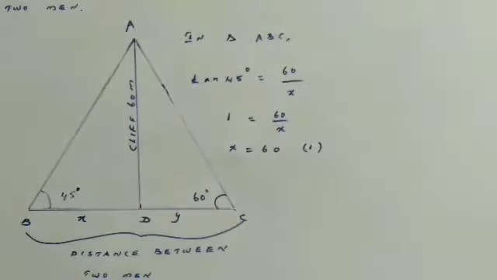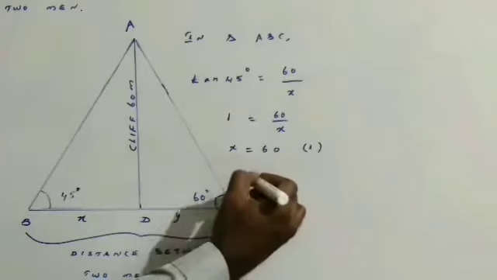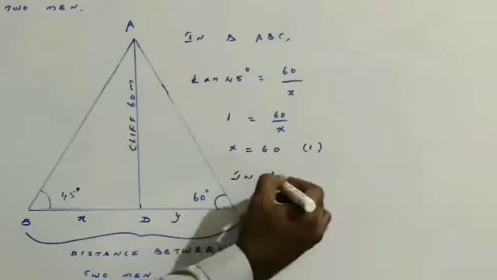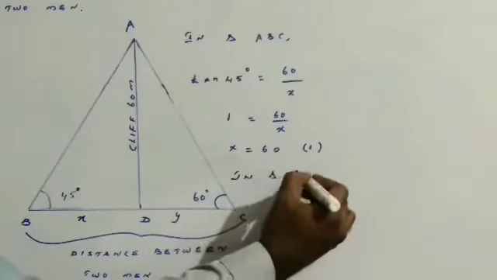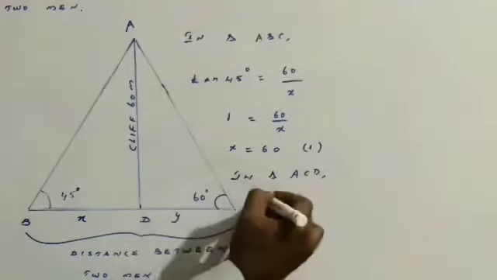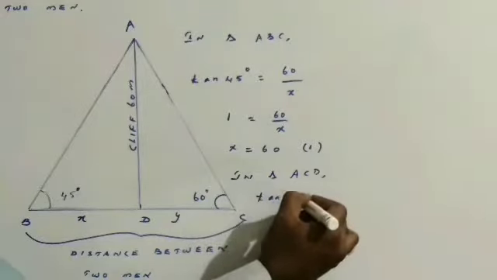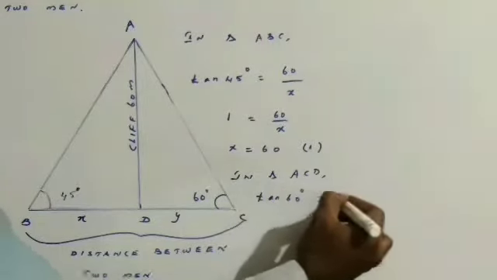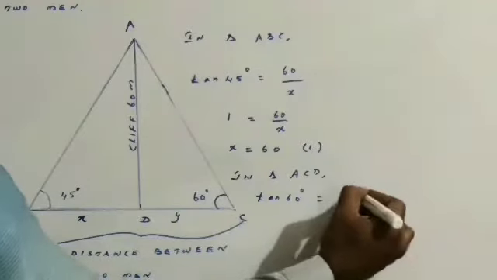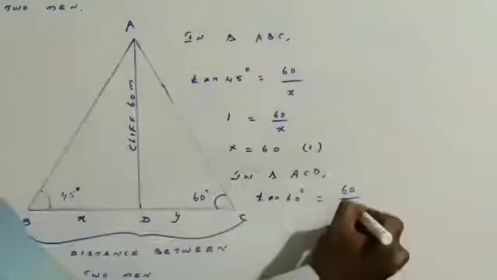Now consider the second triangle ACD. In triangle ACD, the angle is 60 degree. So take tan 60 degree equal to opposite side, that is 60, by adjacent side, that is y.